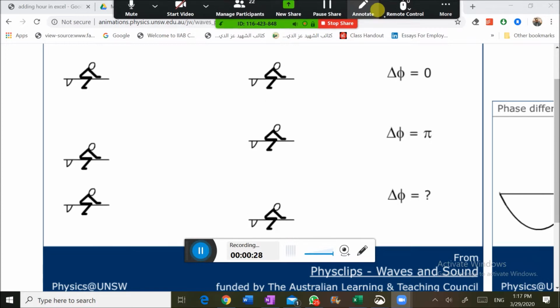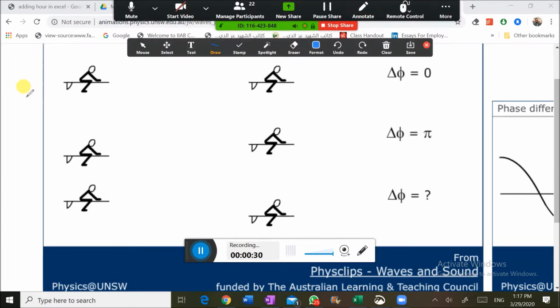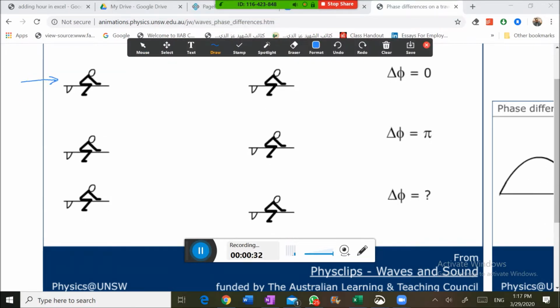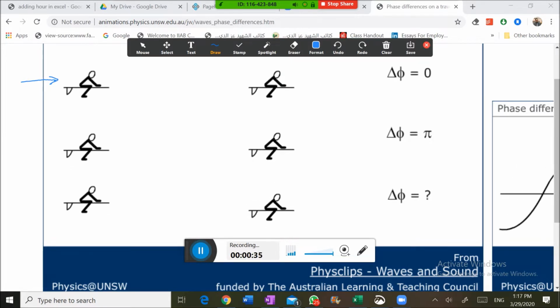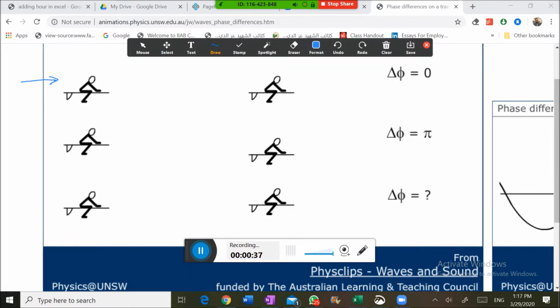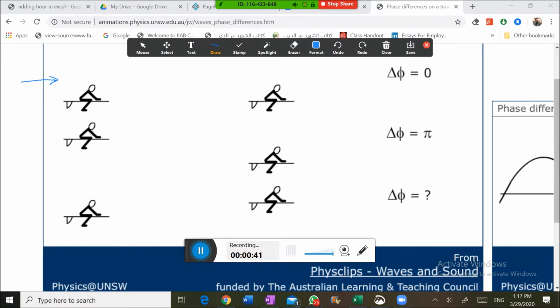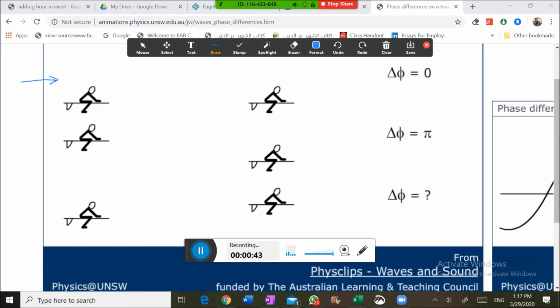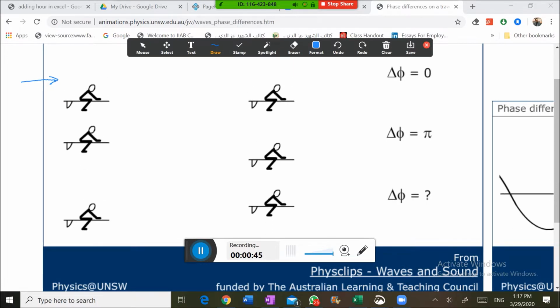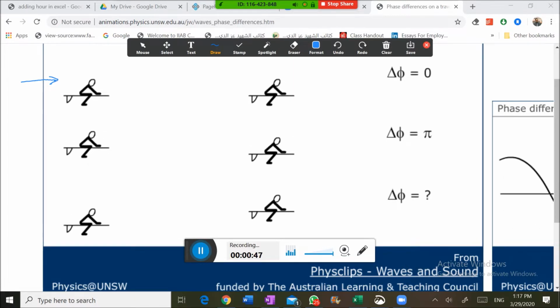Okay, this one. Guys, do they oscillate in phase? Do they oscillate together? Yes, it's clear, guys.